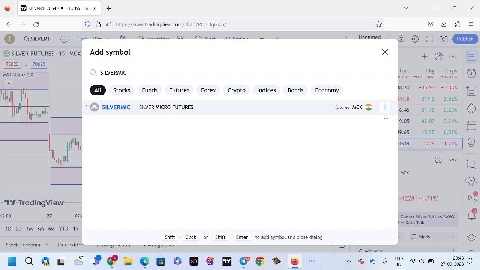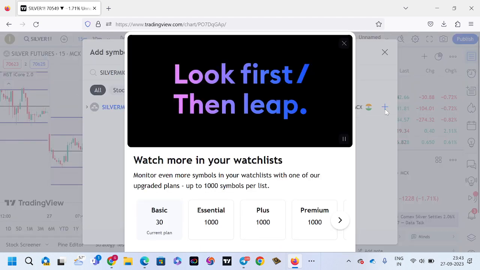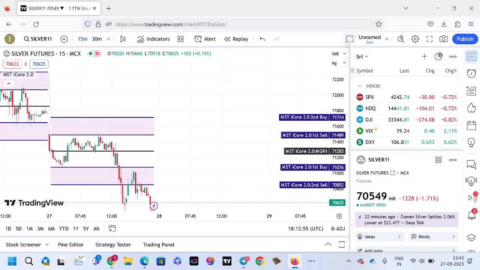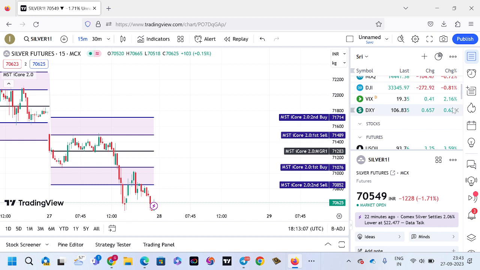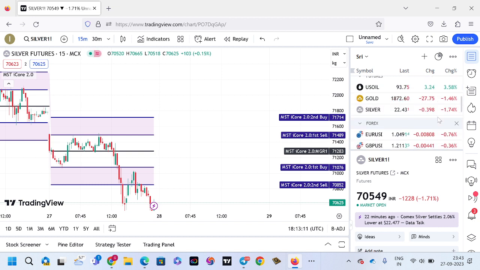MCX futures silver micro. Just give one click. If you don't want some other scripts, you can delete them. Tesla and all, we don't want. We are mainly focusing on the Indian market. If you want, you can keep Doge and all.